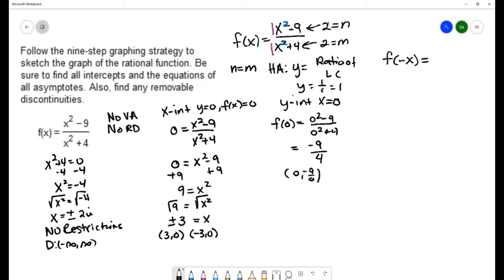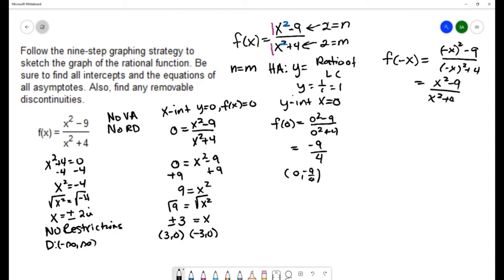If I calculate f of negative x, I'm going to get negative x squared minus 9 over negative x squared plus 4. Negative x squared is x squared, and negative x squared is x squared.